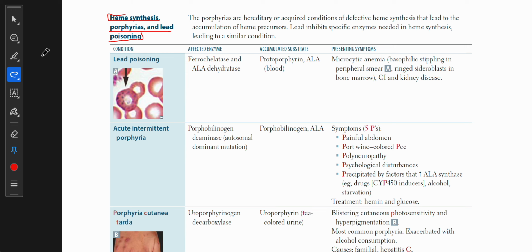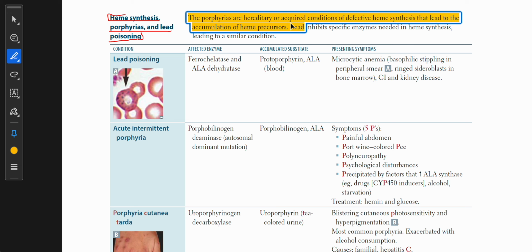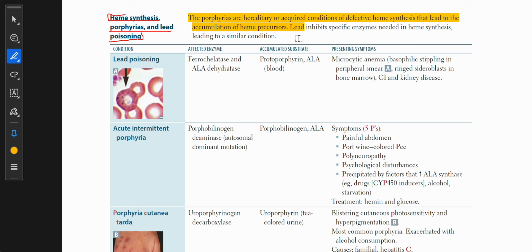Porphyrias are usually hereditary or acquired conditions of defective heme synthesis that lead to accumulation of heme precursors, because since the enzymes are not able to produce the forward intermediate products, the preceding intermediate products will accumulate. So these heme precursors get accumulated.